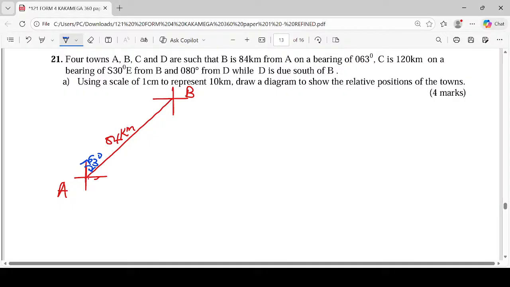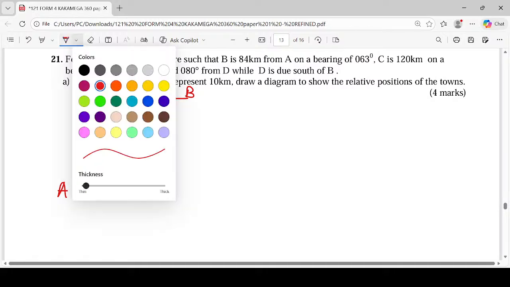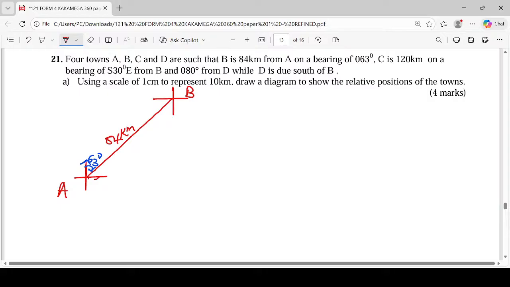So that means you need to be very, very keen here. South 30 degrees. What this means is that from the southern side, when you go to the eastern side that way, this angle here should be 30 degrees.